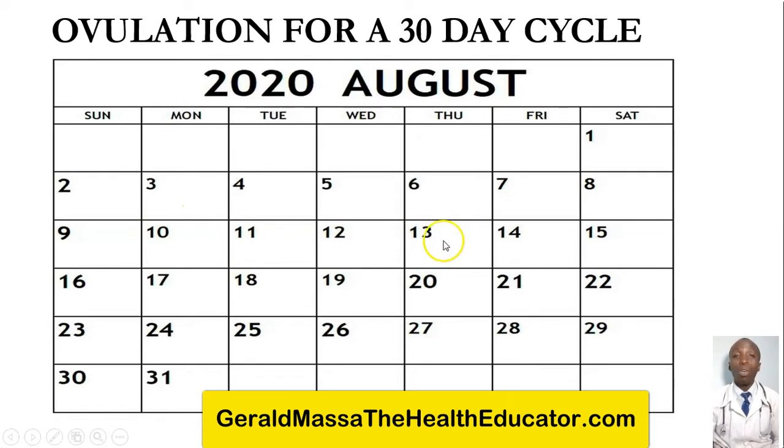It doesn't matter where the 14th day is going to fall. On the 14th day, add 3 days in front and 3 days back. That is your fertile window, the days you are most likely to get pregnant. And the 14th day specifically is when the egg is released, or when ovulation occurs.